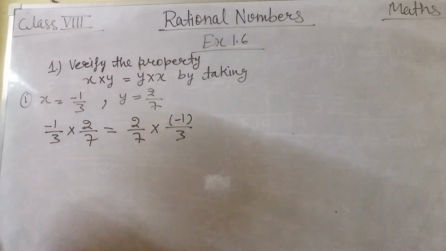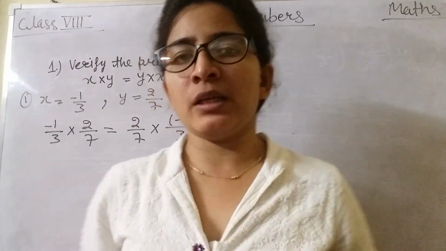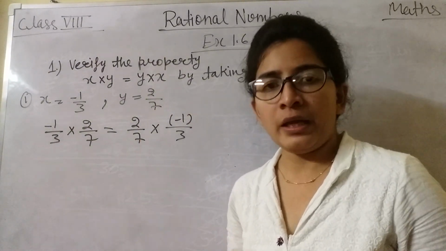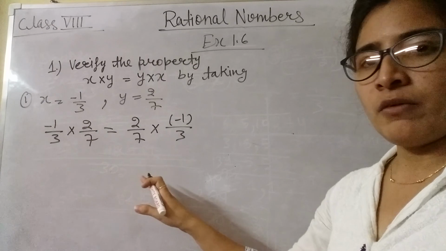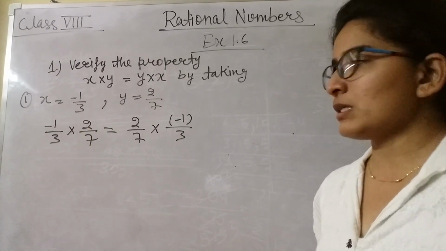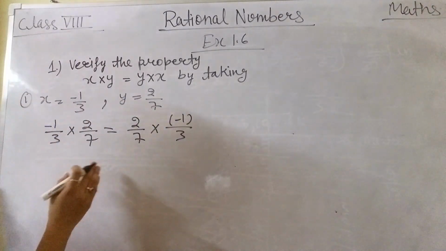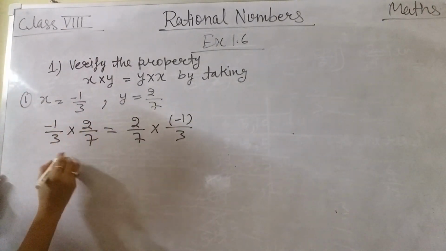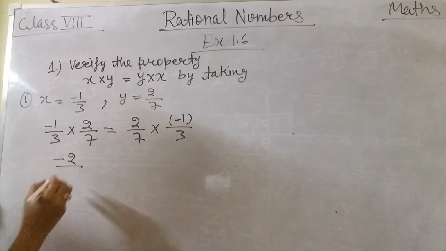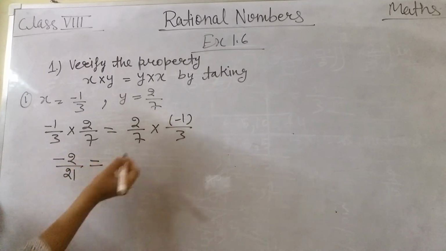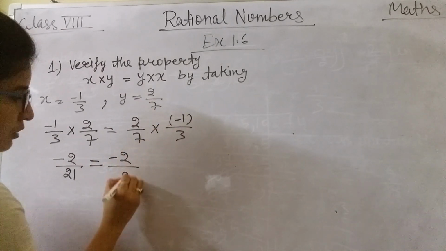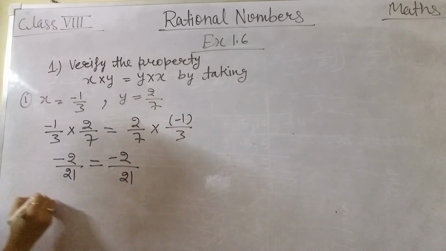So now again we have to check whether these numbers are the product of any common number, but we don't have, because 2 and 3 come in different tables. So we will simply multiply them: 2 1s are 2, it's minus 2, and 3 7s are 21, and on the right hand side we have 2 1s are 2, that is minus 2, and 7 3s are 21.